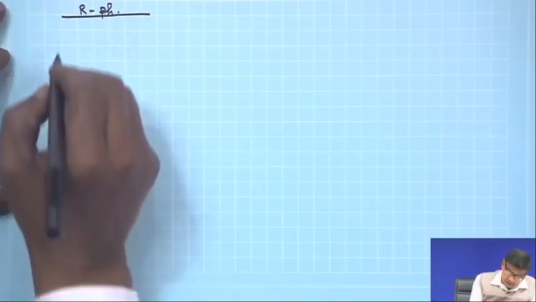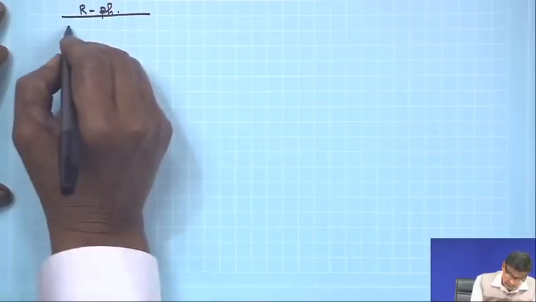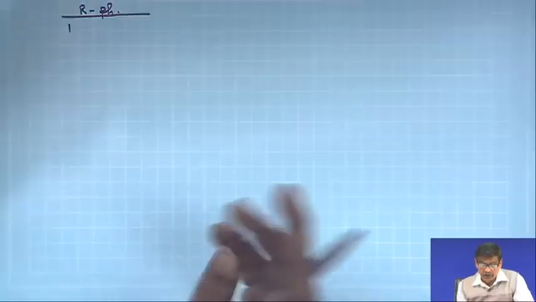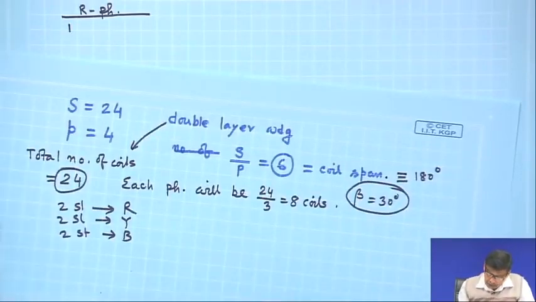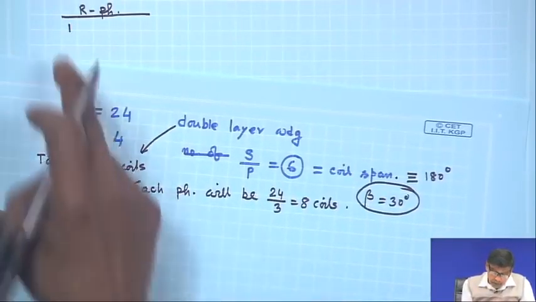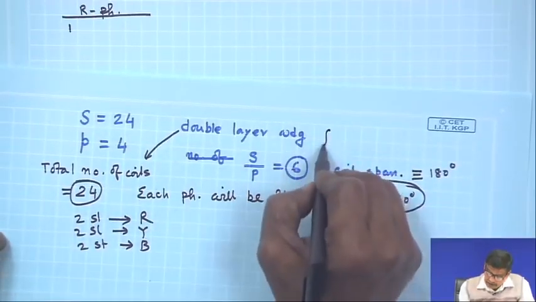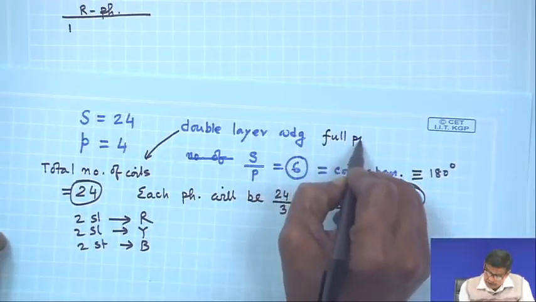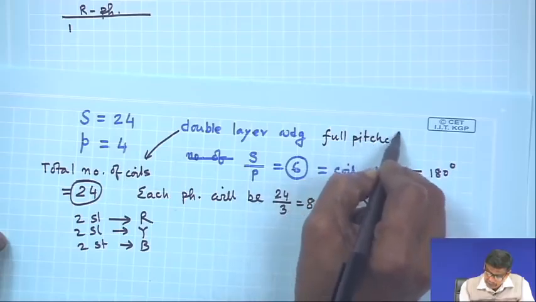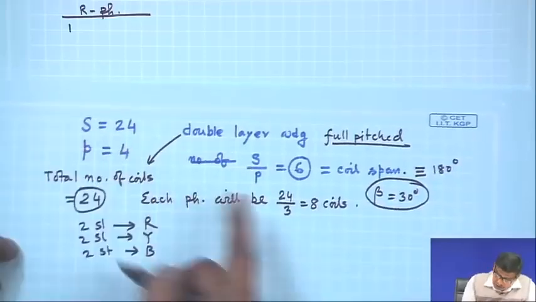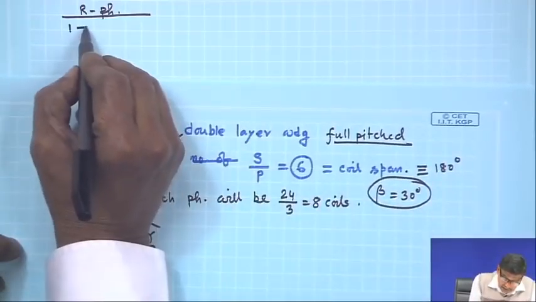Let me start from slot number 1. The first coil of R phase I am going to wind. Where should it return? A full pitched coil I will be using, that is, the coil span is also 6. So, 1 plus 6, 7 dashed is your first coil.